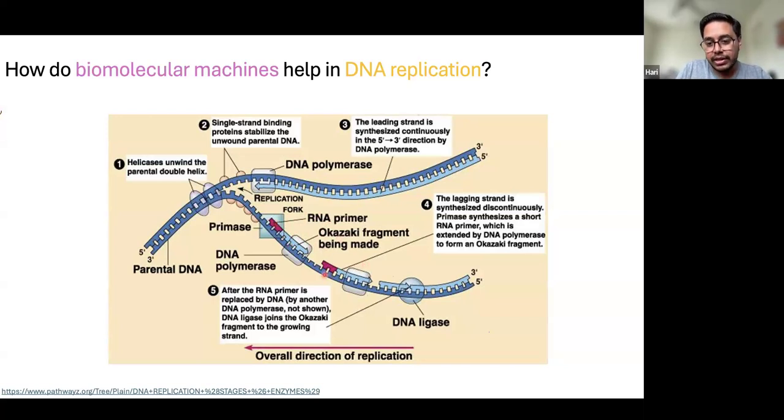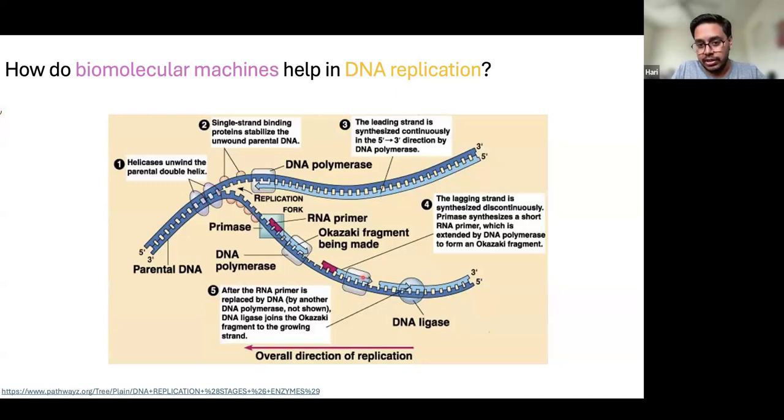As that is happening, the replication fork also travels ahead, and that's the reason why the synthesis of the lagging strand is discontinuous, because you need to make primers as and when the replication fork is going ahead.